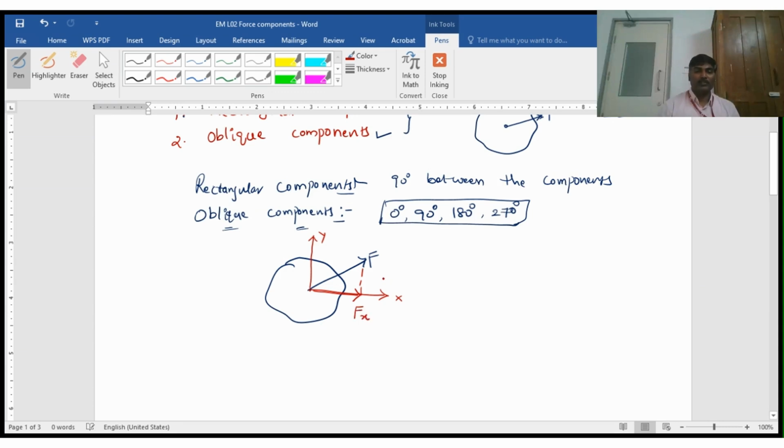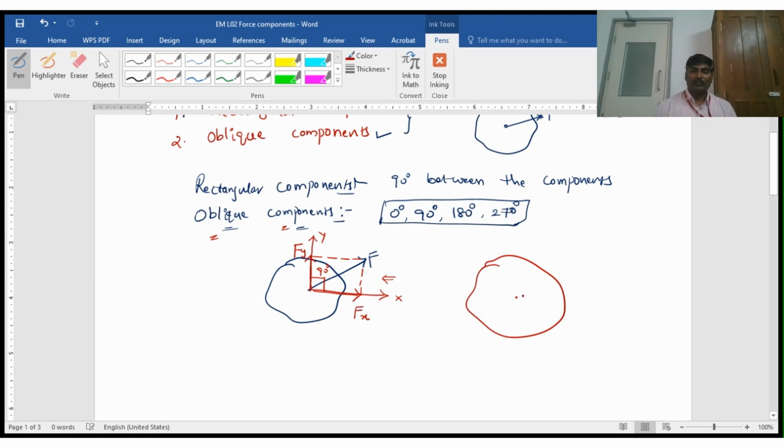Similarly, you project it onto the y axis, and this we call the y component. You see these two components make 90 degrees between them. Similarly, oblique components mean other angles than 0, 90, 180, 270.